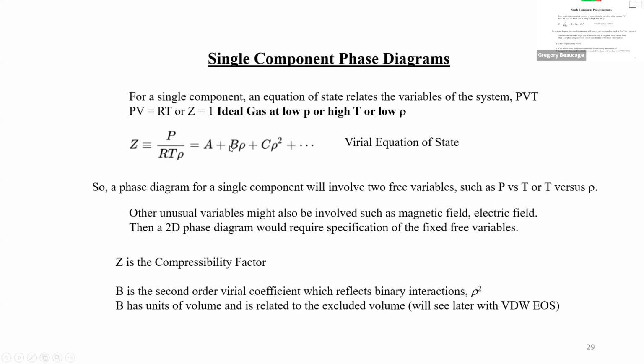This is binary interactions, like basically the van der Waals A term. This is an attractive interaction, and excluded volumes. So B, the second virial coefficient, is a lot like the van der Waals excluded volume, except it's a little simpler equation, so it isn't exactly the same.